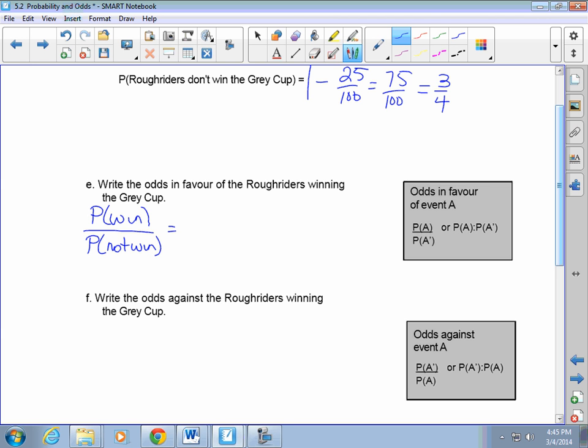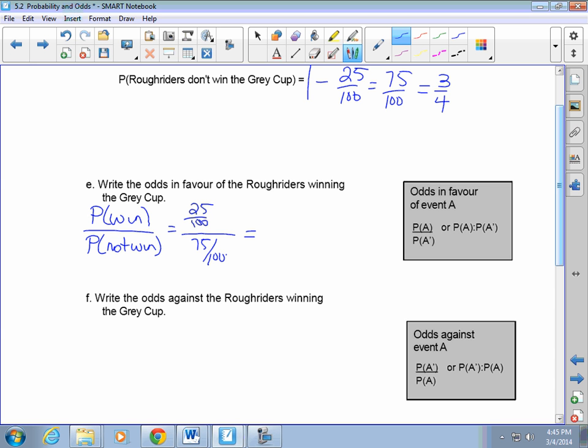The probability of them winning was 25 out of 100. The probability of them not winning was 75 out of 100. You could have used the reduced 1/4 and 3/4. They'll still give you the same answer.